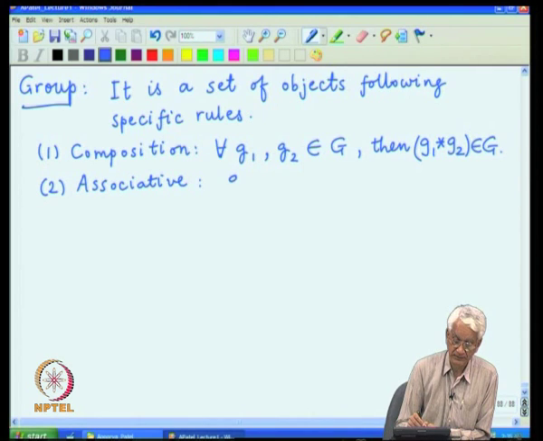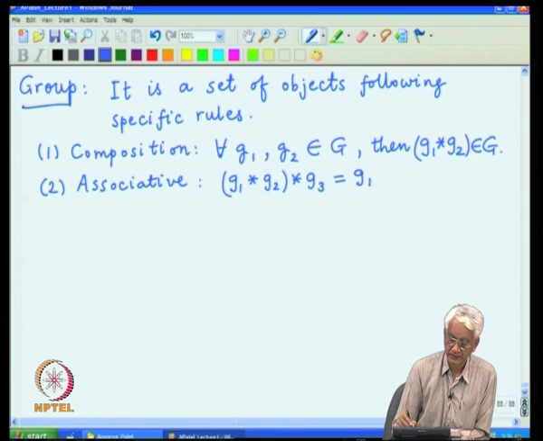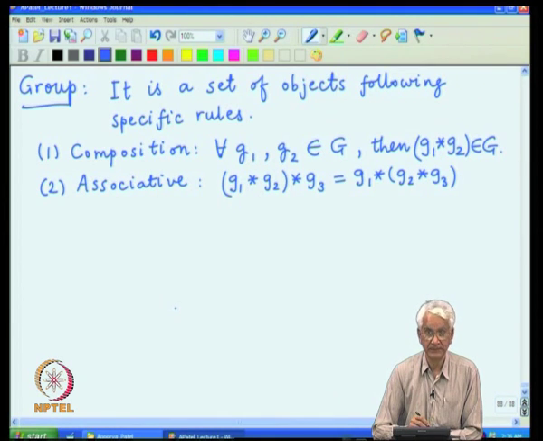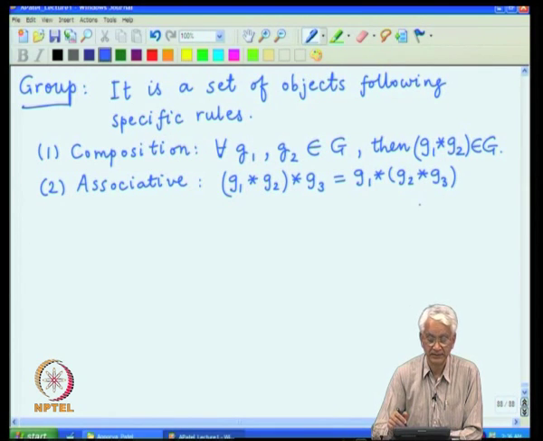That means that G 1 star G 2 star G 3 can also be constructed by following different steps, and this associativity ensures that when there are multiple elements present, in which order we take the products by picking two of them at a time does not matter.